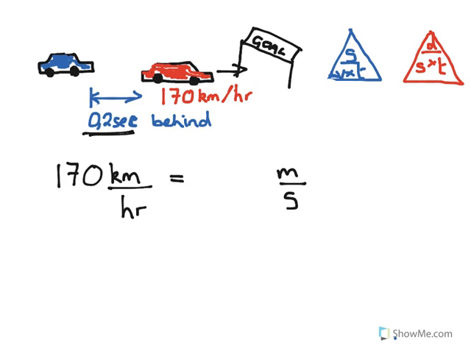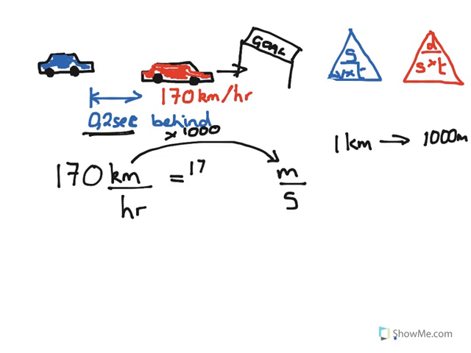And then we just think of our standard conversion tables. If we had 1 kilometer, how many meters would that be? It would be 1,000 meters. So to change kilometers to meters, we would multiply by 1,000. So we do that. It gives us a speed of 170 times 1,000 in meters.